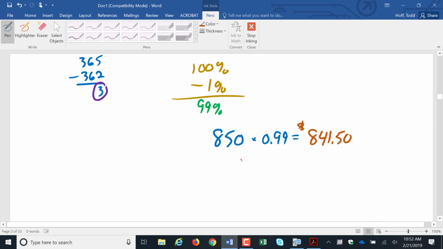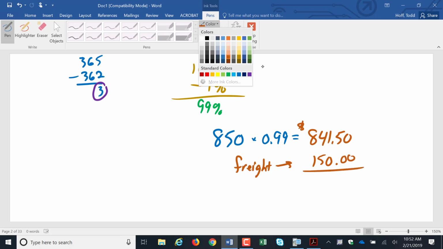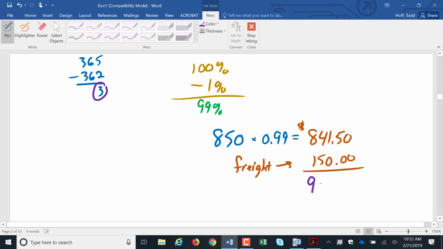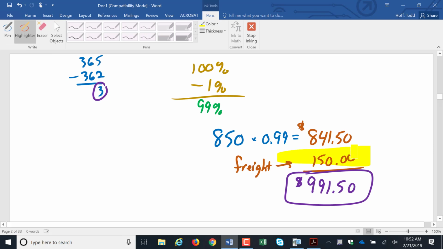To that, then, we're going to add that freight of $150, giving us a total of $991.50. So the key here is no discount on freight. They always pay the full freight. The discount only applies to the amount of the invoice. So that's how freight figures into this.